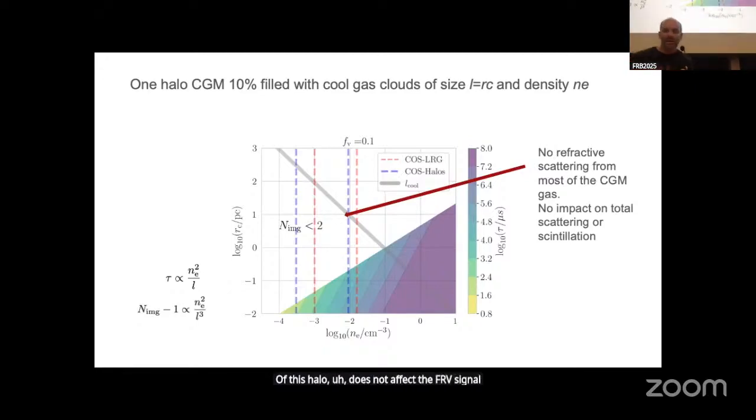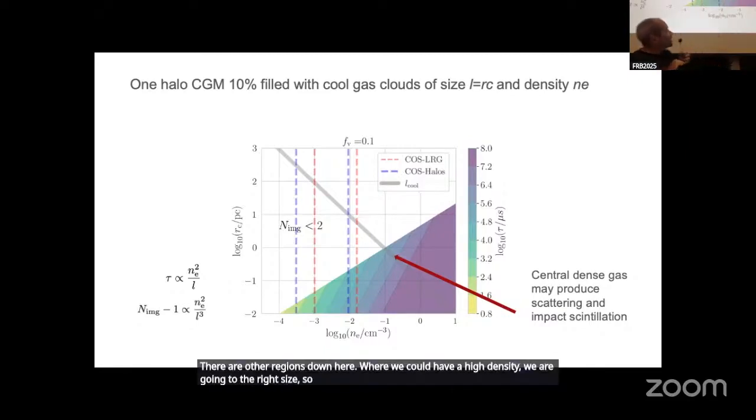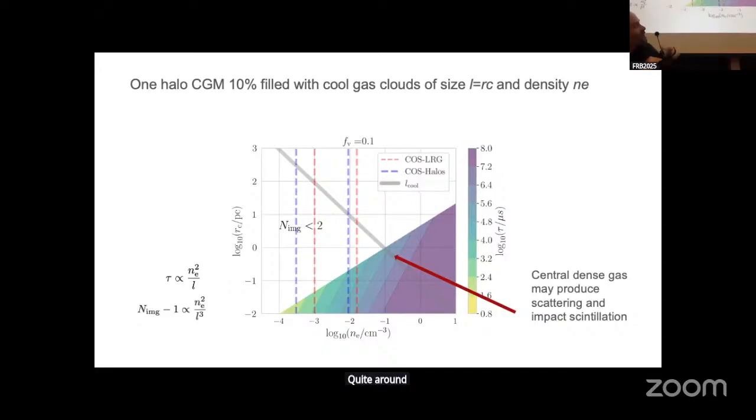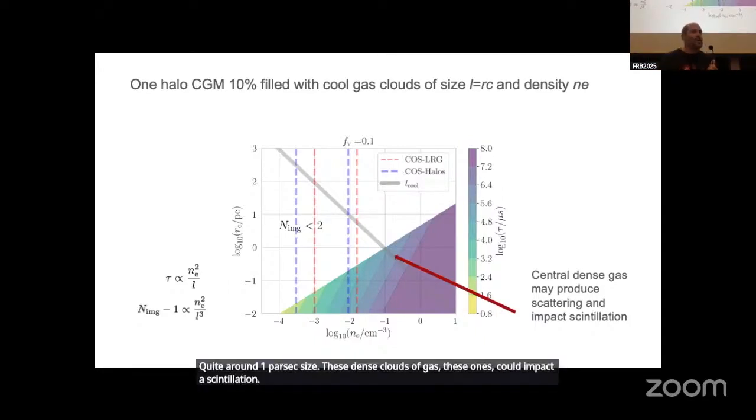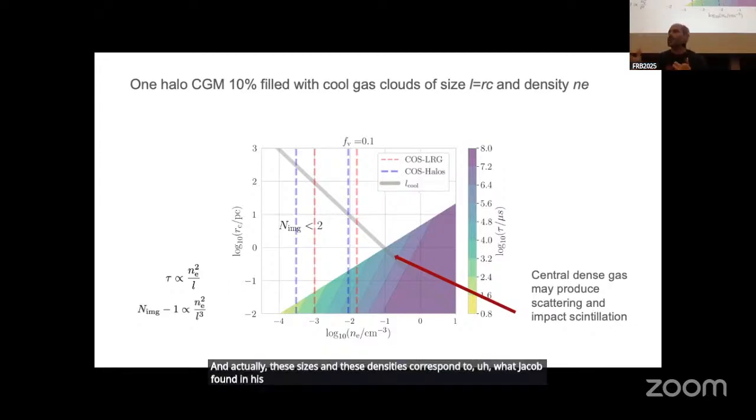That's one main takeaway. There are other regions down here where we could have high density. We are going to the right side, so this is high density and quite around 1 parsec size. These dense clouds of gas could impact scintillation. We expect this gas to be localized more in the center of the circumgalactic medium, and actually these sizes and these densities correspond to what Jacob found in his paper, that maybe something like a high velocity cloud could be responsible for scattering.